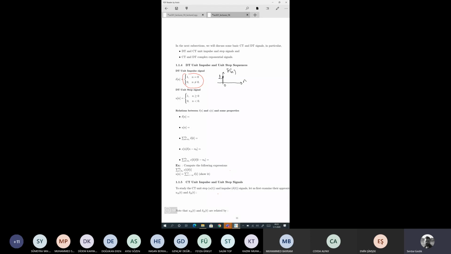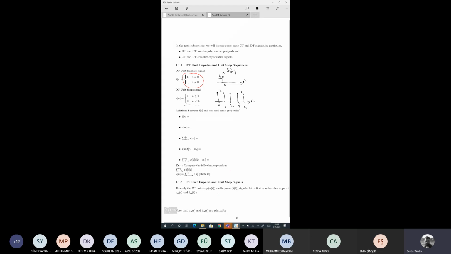What about the discrete time unit step signal? Well, it is again simple. If n is larger than or equal to 0, it is 1. Otherwise, it is 0. So let's plot it. 0, 1, 2, 3, 4. It is always 1 for n larger than or equal to 0.